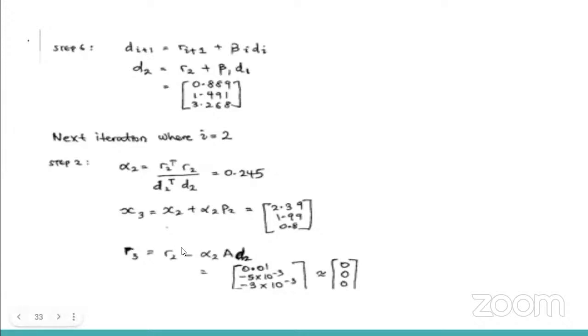It's telling you that at this point you can go ahead and stop, since you have convergence here. If you keep on iterating, you will keep getting these zeros. So we are stopping at this iteration, x3. This is our answer: the values of x1, x2, x3 are 2.39, 1.99, 0.8.